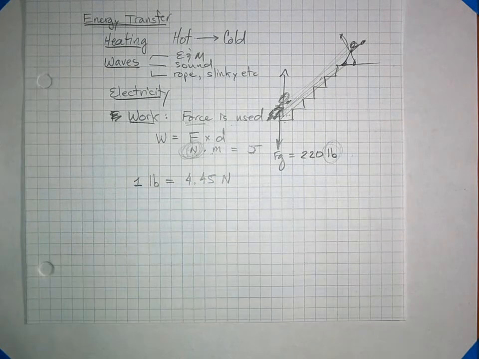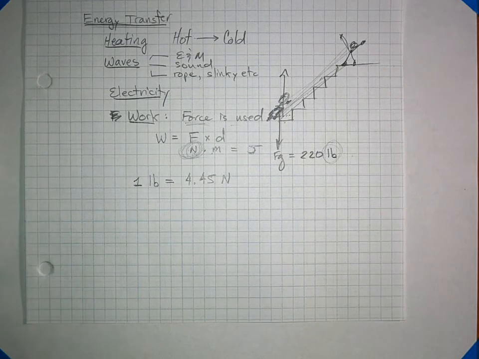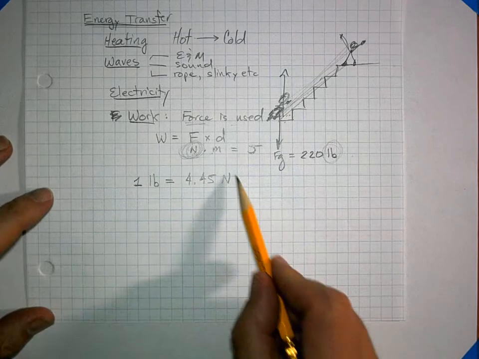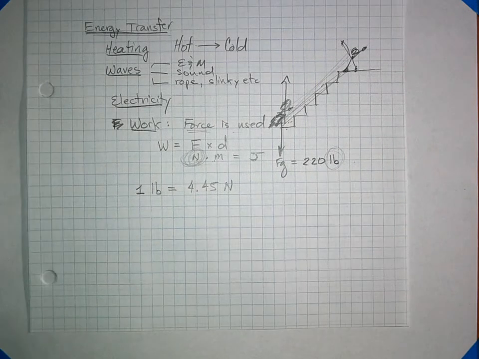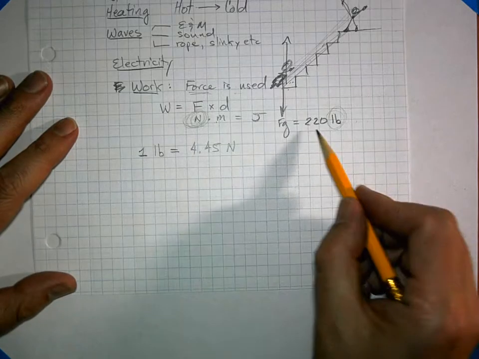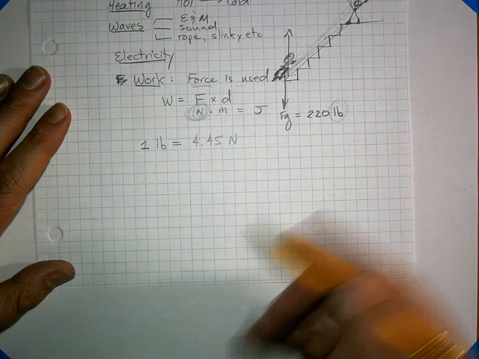If you want to use 4.5, that's okay, it saves a little bit, but 4.45 newtons. So 1 pound of force is 4.45 newtons. So you can see that a newton is a smaller measure of a force than a pound is. All right, so I'm going to convert my weight, my 220 pounds, into newtons.